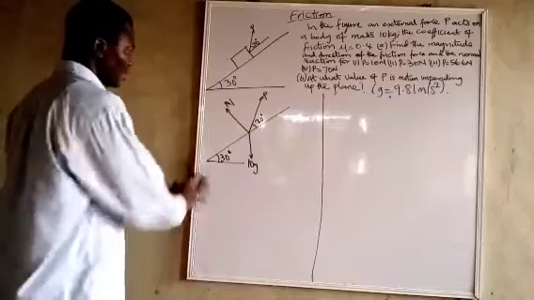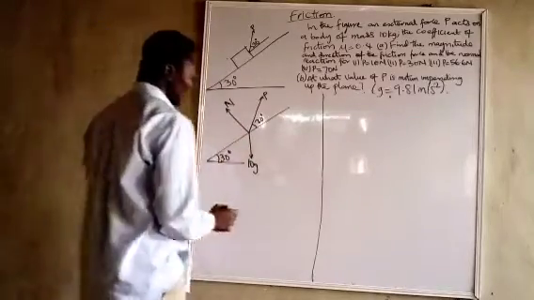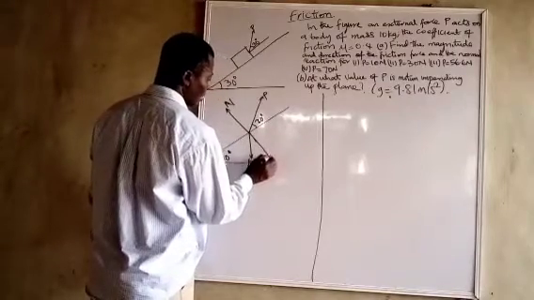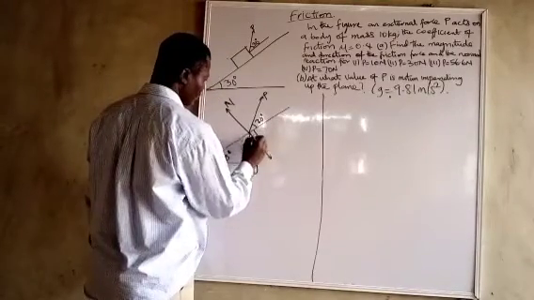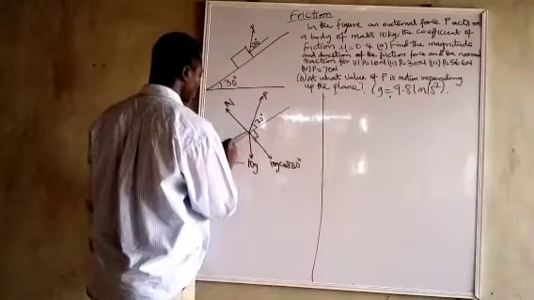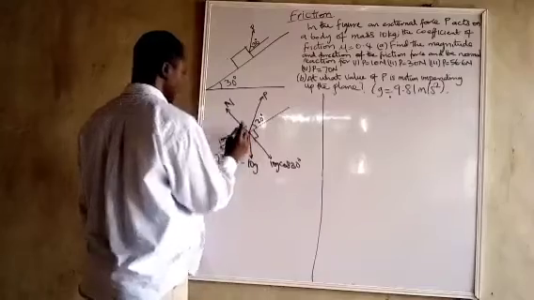Now, for ease, let's resolve these forces along the plane and perpendicular to the plane. So this 10g, if resolved, I'm going to have perpendicular to the plane down here 10g cos 30 degrees, and I have 10g sin 30 degrees down the plane.